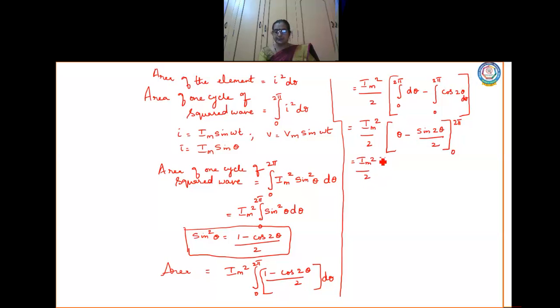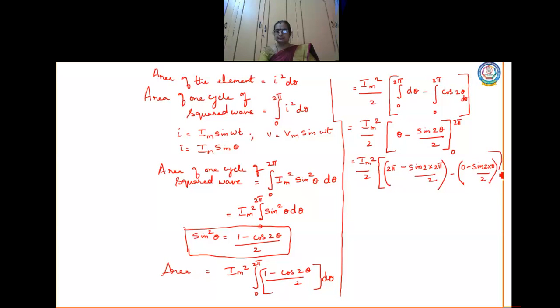First let us substitute the upper limit for theta: I will have 2 pi minus sine 2 into 2 pi by 2. This is for the upper limit. Minus, substitute the lower limit 0: 0 minus sine 2 into 0 by 2. Close the bracket.